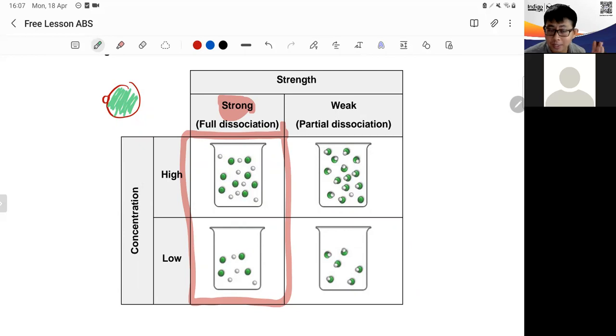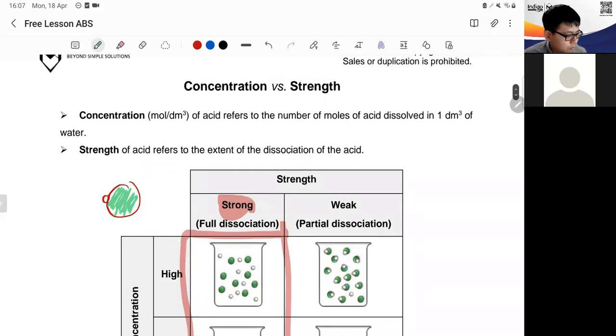That's actually the nature of the acid itself. So let me write here: the strength of acid is dependent on the nature of the acid itself. What nature are we talking about? That is beyond the scope of this topic. But if I tell you it's sulfuric acid, because it is sulfuric acid, it is strong. That kind of thing.